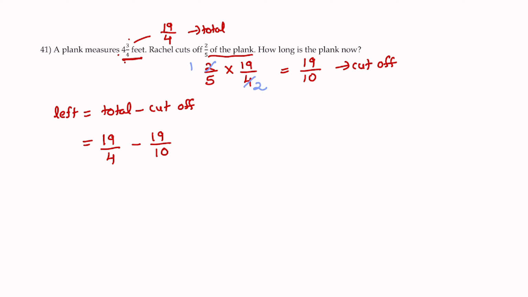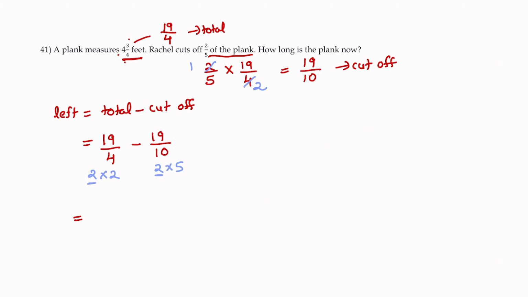upon 10. We do not have same denominator, so we cannot do the subtraction directly. We got to equalize them, right? So this is 2 times 2 and this is 2 times 5. What's common? 2 is common. So we are going to use the uncommon factor to equalize our denominators, right?